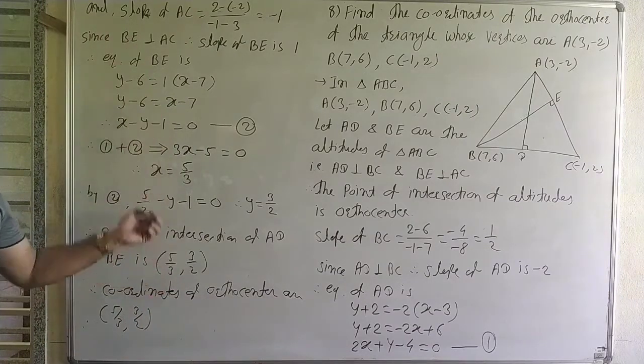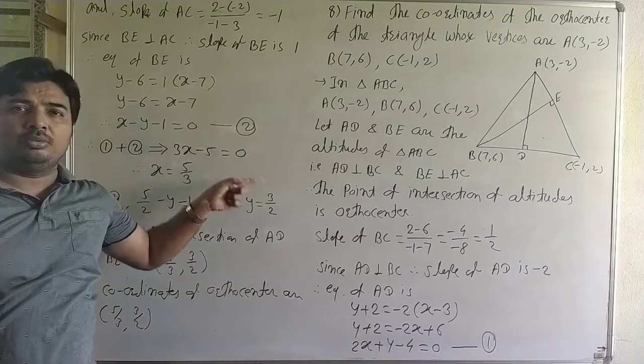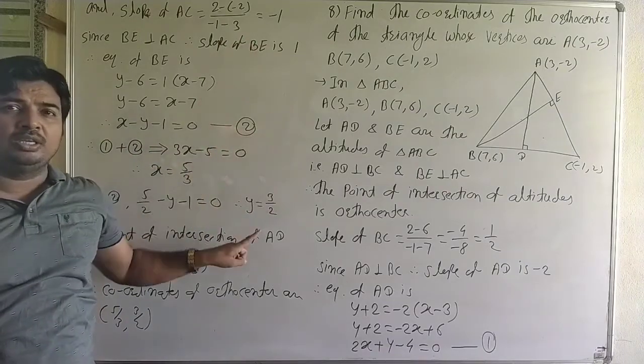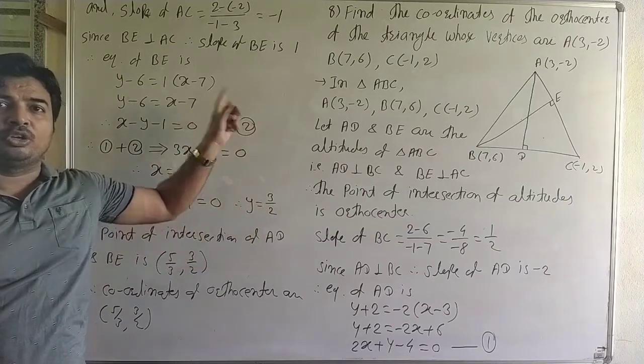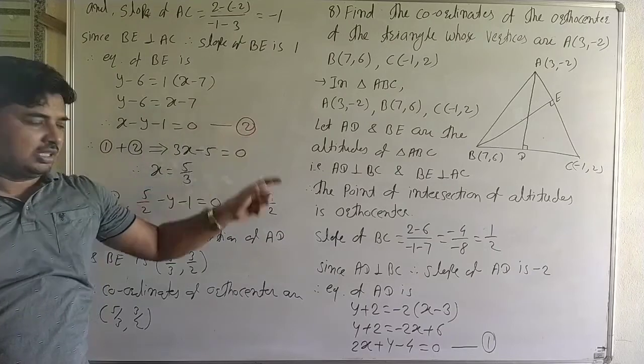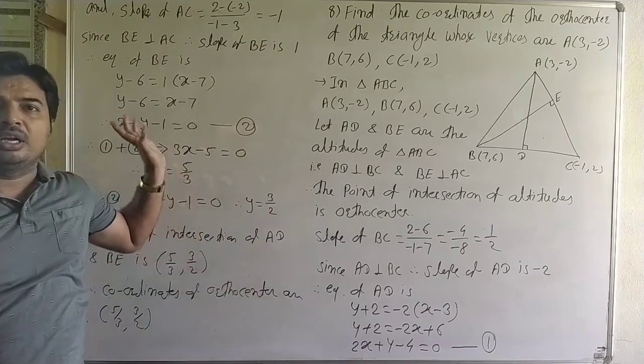See carefully, the orthocenter means the point of intersection of altitudes. So find the equations of any two altitudes of the triangle and then their point of intersection. Point of intersection means the common point in both lines, that is, solve the equations of the altitudes.